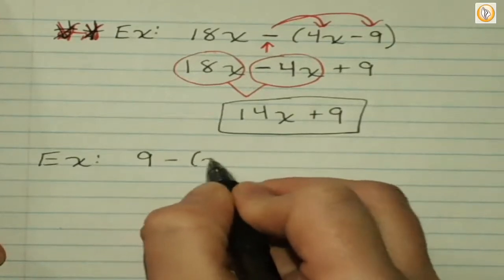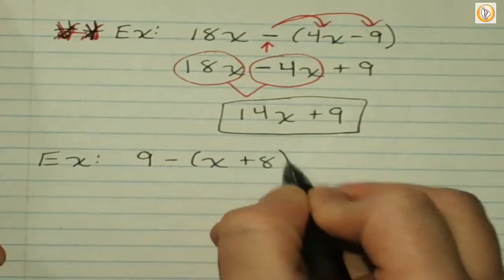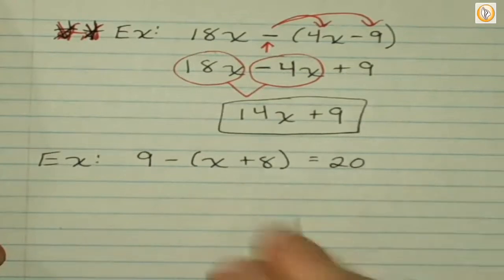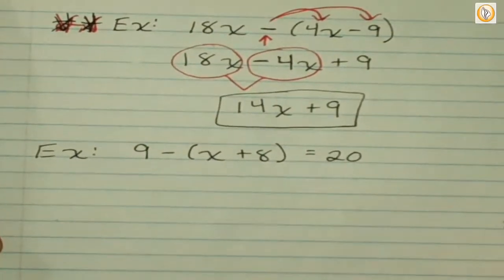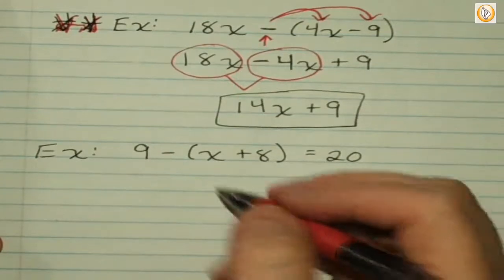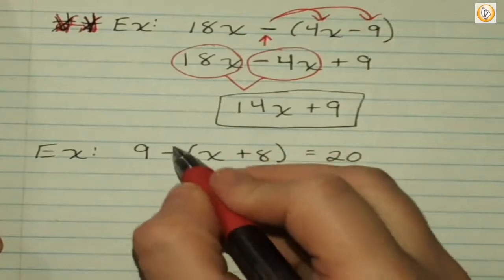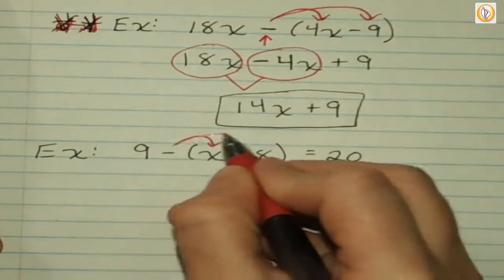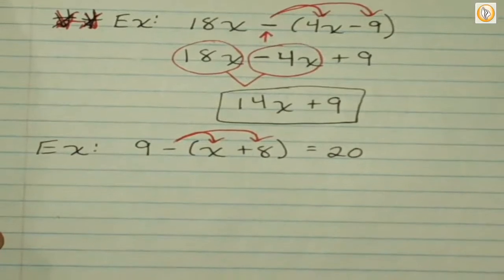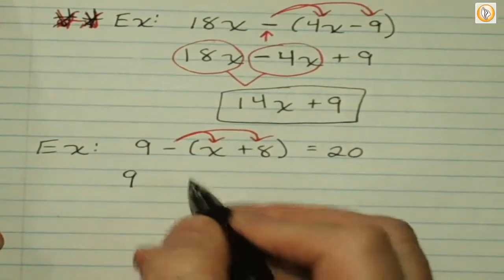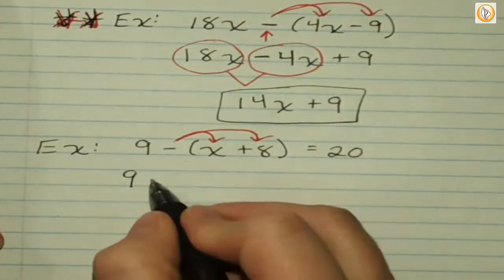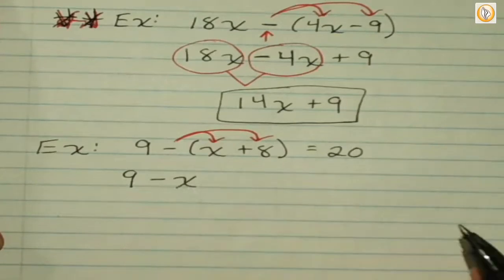9 minus (x plus 8) equals 20. Okay, Atalia, what do I need to do? You need to multiply the negative sign by all the things in parentheses. That's right. So you have 9. This was a positive x, so now it's, as Atalia said, minus x.